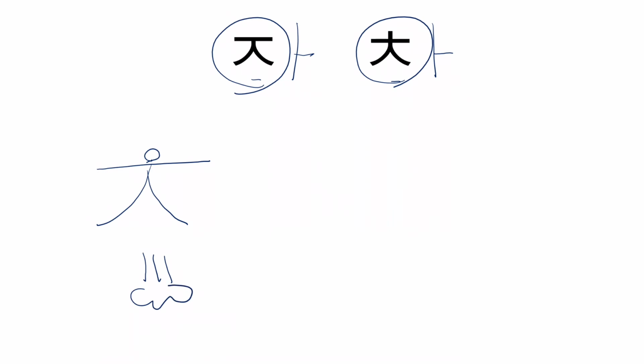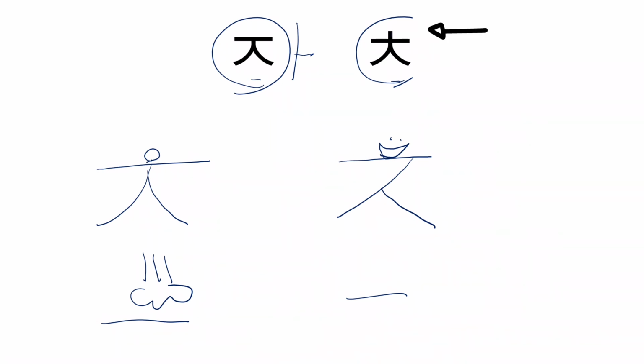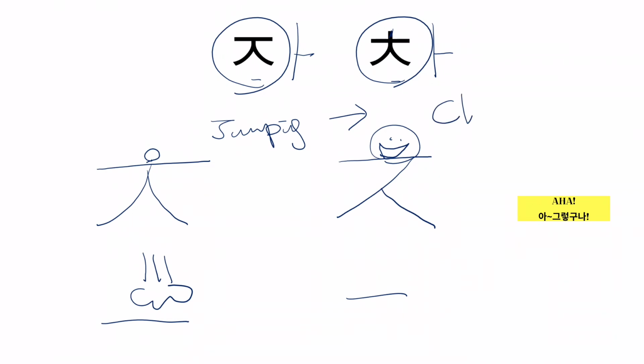And for ch, think about somebody jumping, but at the same time they're happy and cheering. So j is for jumping and ch is for cheering. They look very similar, so just add another dot or line up here and it makes jump to cheer.